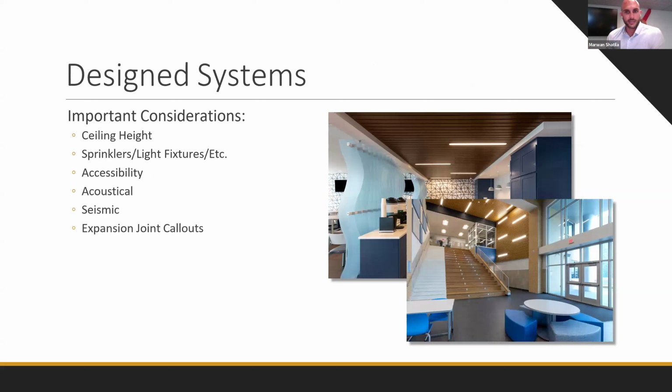So whenever you are designing, if you do have any questions regarding some of the things that we discussed today, such as sprinklers, light fixtures, acoustical properties, I think that's probably one thing that I could touch on right now: we are able to achieve a 0.7 NRC rating.